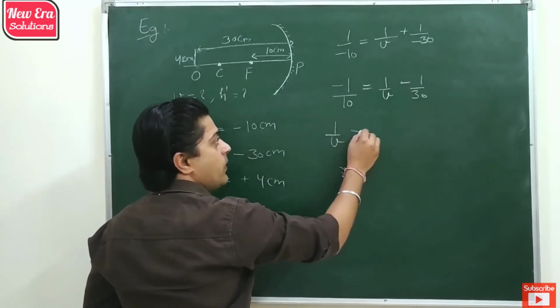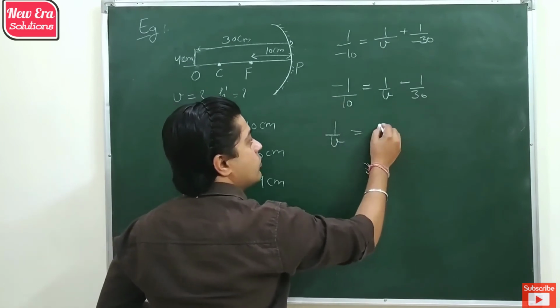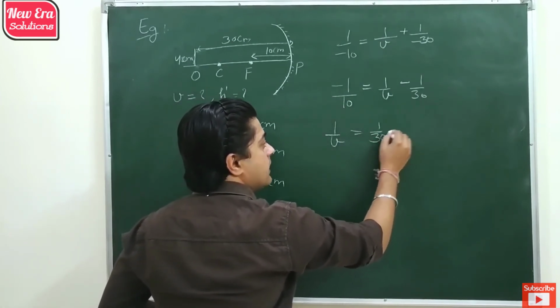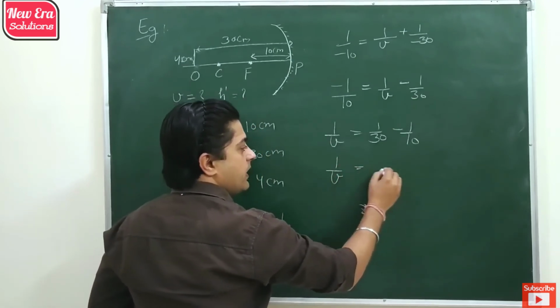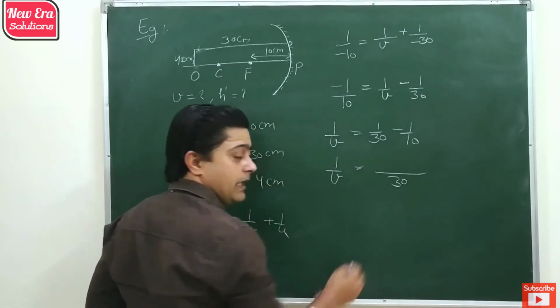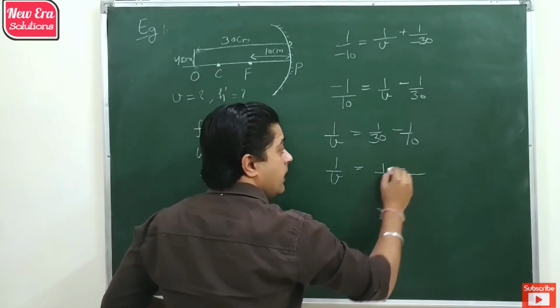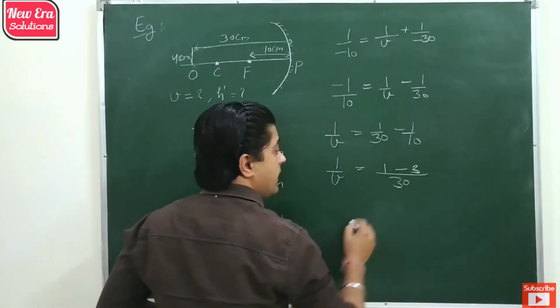So 1 by v is equal to 1 by 30 minus 1 by 10. So 1 by v is equal to, 30 is the LCM, 1 minus 3.